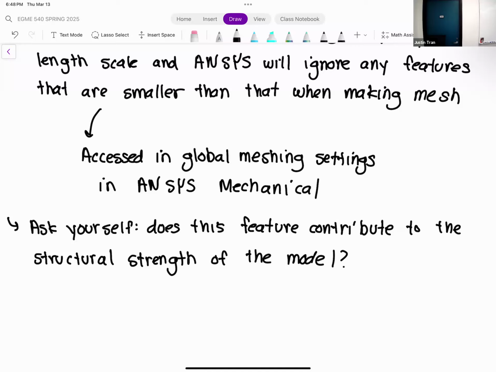I think the easiest way is to read down.